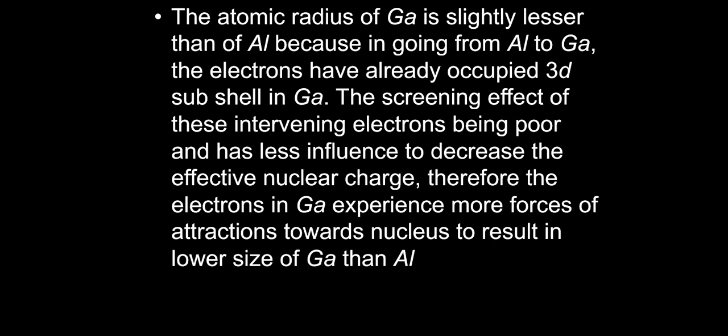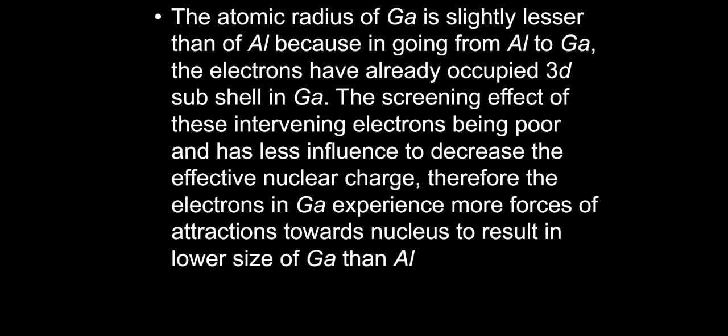Now, why is it happening? Because in going from aluminium to gallium, the electrons have already occupied the 3d subshell in gallium. Remember that we first fill 3d, then we come to gallium. The screening effect of the intervening inner electrons is poor. Remember that the shielding effect of 3d electrons is very less. I hope most of you understand shielding effect.